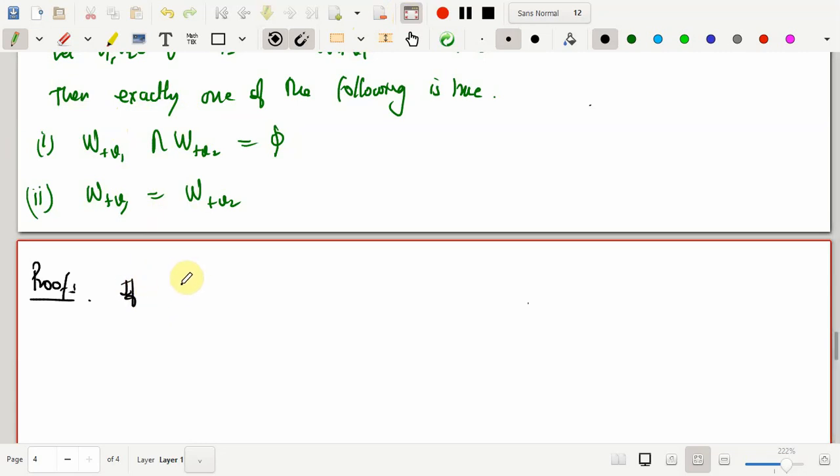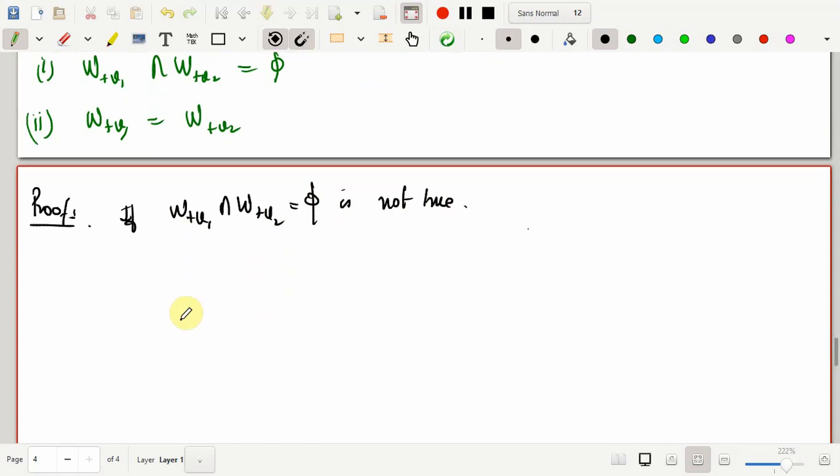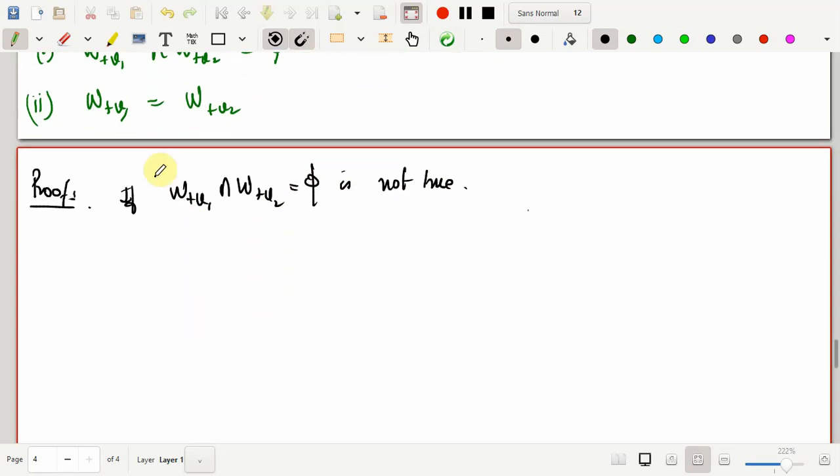If W plus V1 intersection W plus V2 is equal to empty is not true, which means that there is at least one element common in these two sets. That is, W plus V1 intersection W plus V2 is non-empty, right?